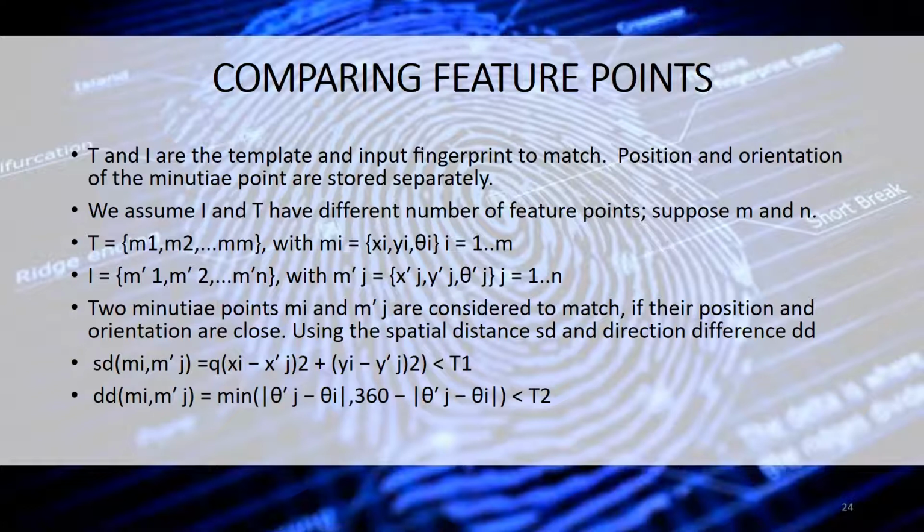The two minutiae points Mi and M'j are considered to match for T and I if their position and orientation are close, using the spatial distance Sd and the direction difference Dd, the formulas for which are given here.